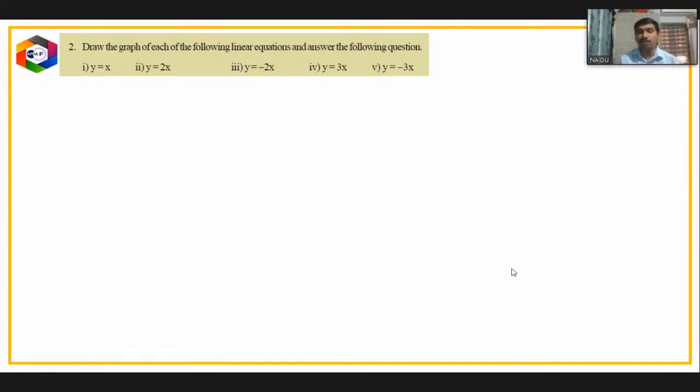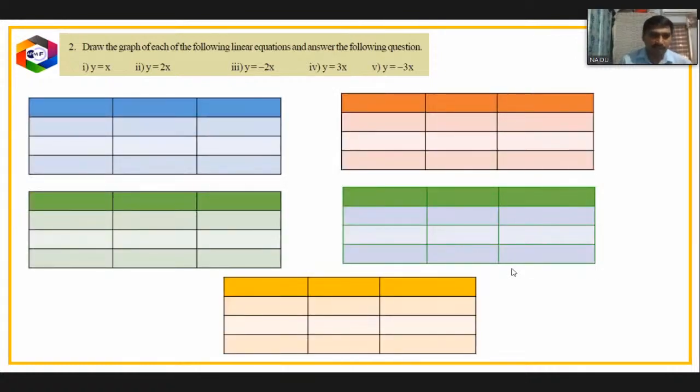Yesterday I showed you on the GeoGebra worksheet. Now we will do it. So again I am going to take the first 5 tables. So the first one is y is equal to x. It is simple. Here x, and this is y, and x comma y. Let us take x as minus 1, then y will also be minus 1, because x and y are equal.